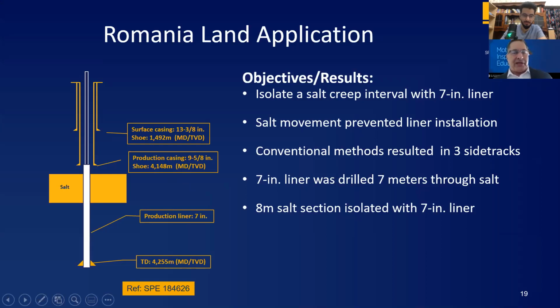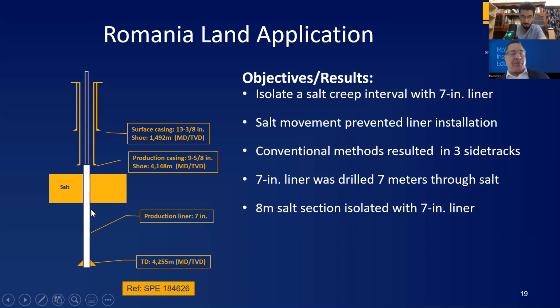So they decided to try liner drilling, drill conventionally to the top of the salt with an 8.5-inch hole, pick up a 7-inch liner. And what happened? They drilled that 7-inch liner 7 meters through the salt, and they isolated this 8-meter salt section with the 7-inch liner.